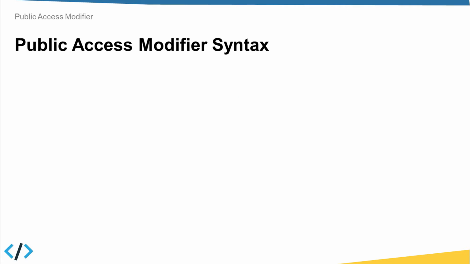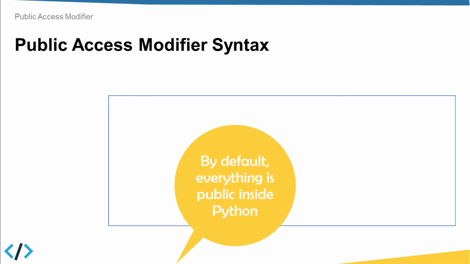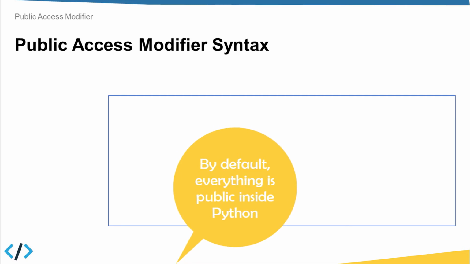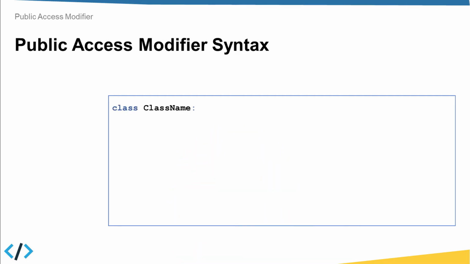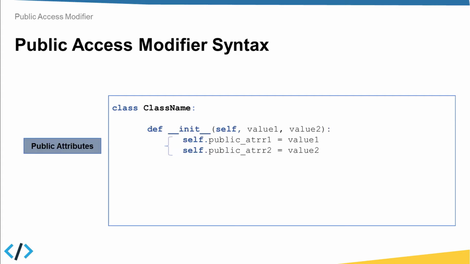Now let's talk about the syntax of this public access modifier. I need you to know that by default, everything is public inside Python. So if you want to define a class, for example, class name, and under this class you want to define some public methods and some public attributes, what will you do? First of all, you define your constructor, and within the constructor you define your instance attributes, and look here, I call them public attr1 and public attr2 because by default they are public, so no need to do anything in order to make them public.